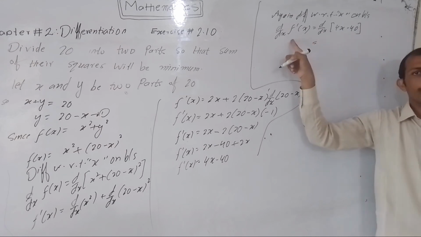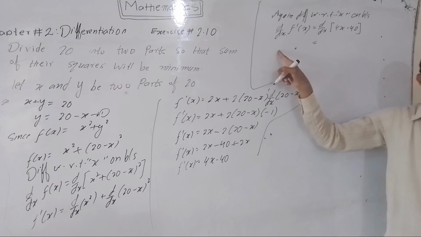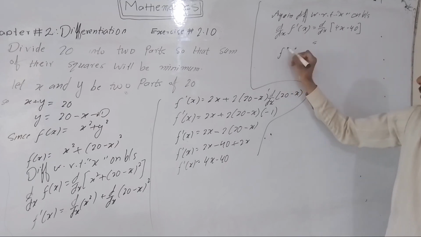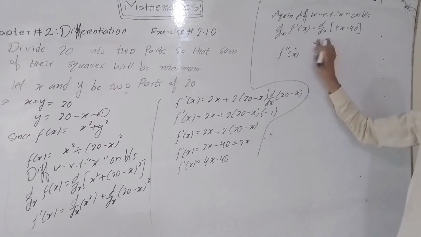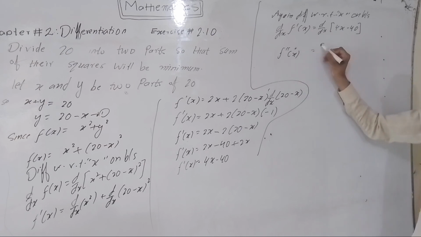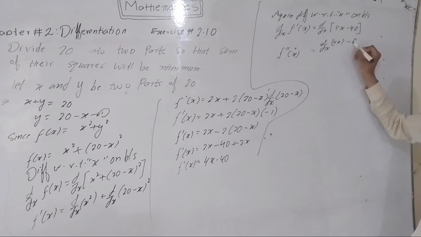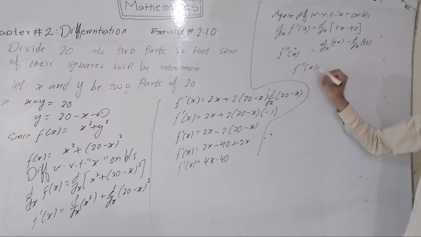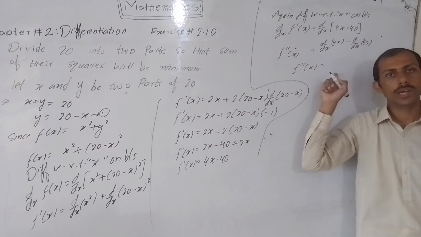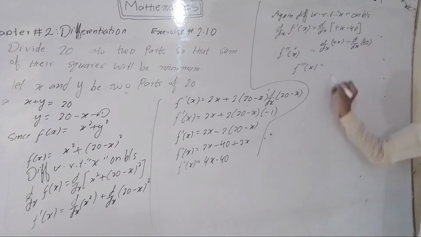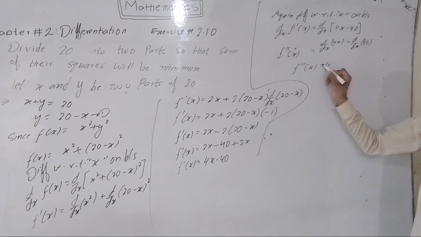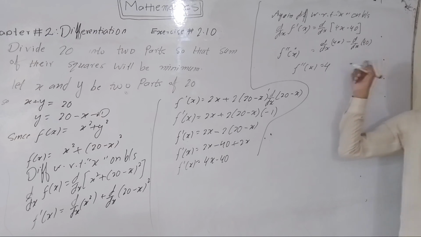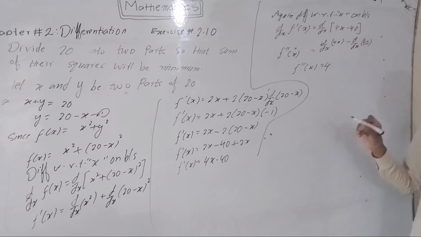Derivative of f prime of x with respect to x can also be written in the form of f double prime of x, which is equal to derivative of 4x with respect to x minus derivative of 40 with respect to x. So f double prime of x is equal to 4 minus 0.